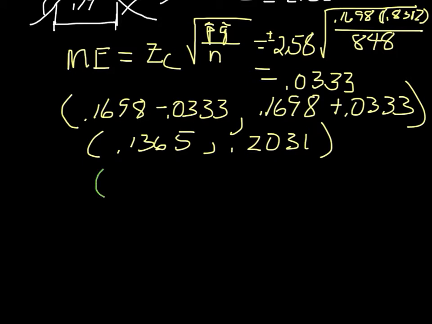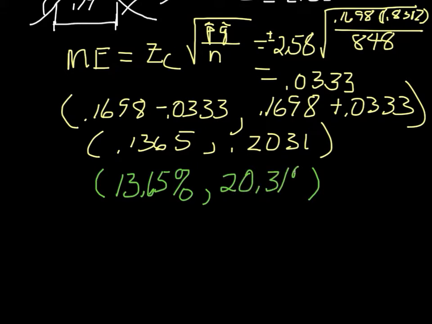So if you'll remember, we had students, and the question was what percentage of students were going to volunteer after they went to school? Well, in this case, the confidence interval would be 13.65% of students to 20.31% of students.